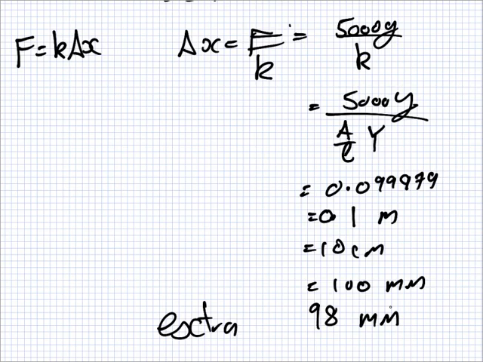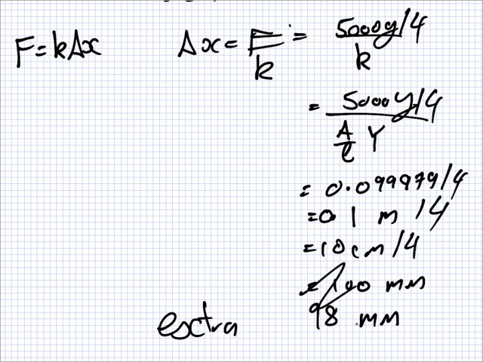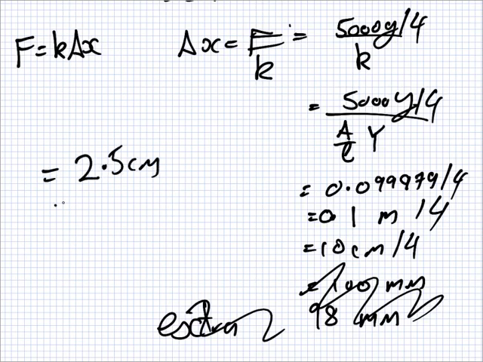What is the area? Now for this one, the area is for one of them. Divide by 4. So that is 2.5 centimeters, which is 25 millimeters.